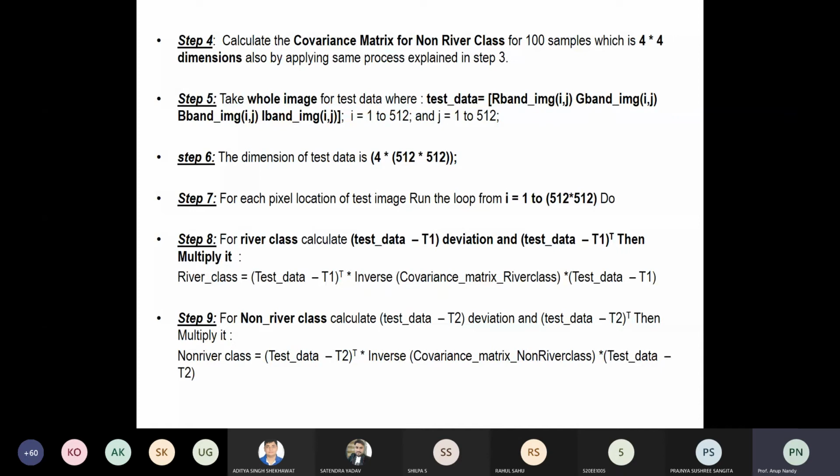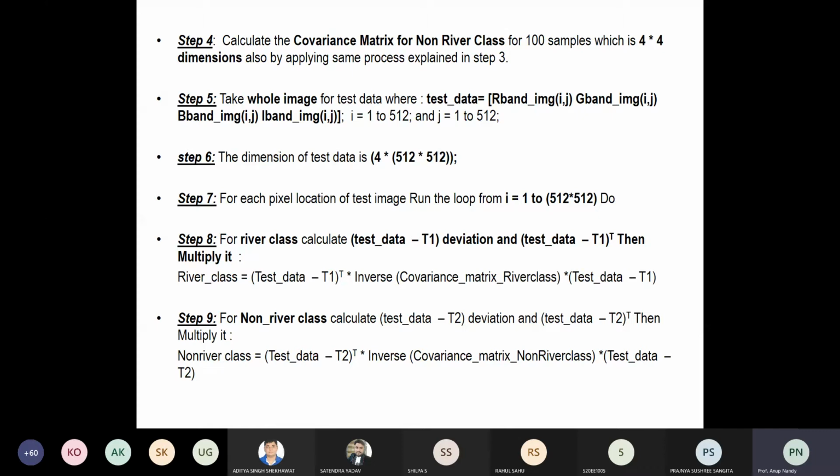Now for each pixel location of the test image, you have to run the loop from i equal to 1 to 512 into 512, because that many pixel locations are there. And next you have to do these next steps. That is the most important step. For the river class, you are going to compute the density function: 1 by root over 2 pi to the power m determinant of sigma to the power half.